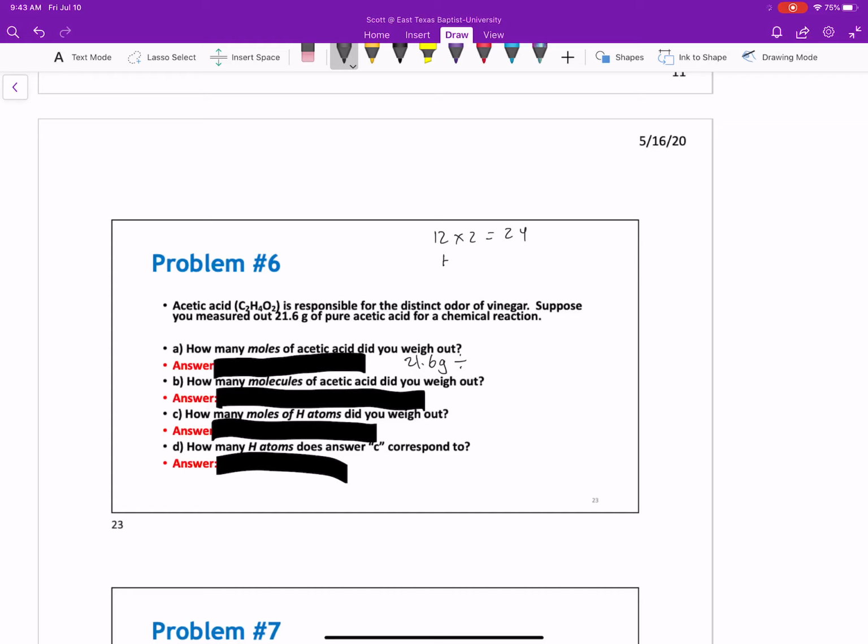H weighs 1, and there's 4 of them, so that equals 4. Oxygen weighs 16, there's 2 of them, so that equals 32. So we have 24 plus 4 plus 32. You should come up with 60 grams per mole.